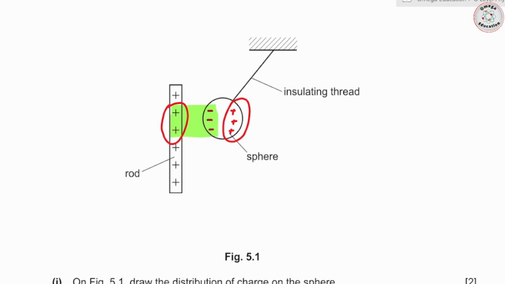So the positive of the rod and the positive of the sphere try to move these 2 objects away from each other, but the positive of the rod and the negative of the sphere try to bring these 2 objects close to each other. So there's a force of attraction, and there's a force of repulsion. Which force is dominating?